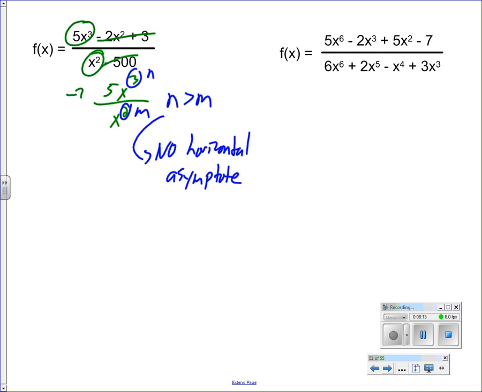And moving over to the right, it's going to be the same idea. We only look at the leading terms. They will dominate the behavior. So we're looking at 5x to the 6th over 6x to the 6th. So we have the same power, same degree terms in both functions.